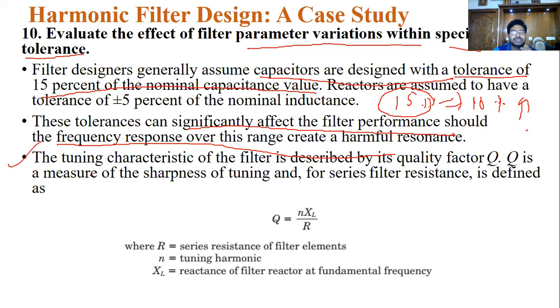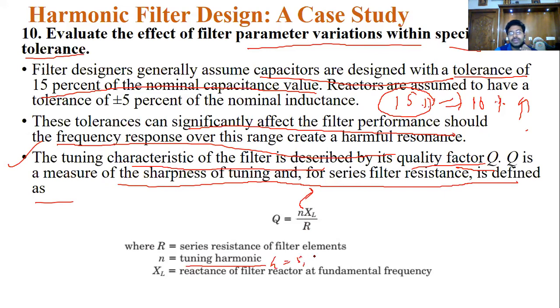While tuning these characteristics, you take one more parameter called Q, the quality factor. Q measures the sharpness of tuning and the series filter resistance, and it is defined as Q equals N times XL by R. N is the tuning harmonic frequency, that is fifth or seventh or whatever: 2, 3, 4, 5, 6, 7 and so on.